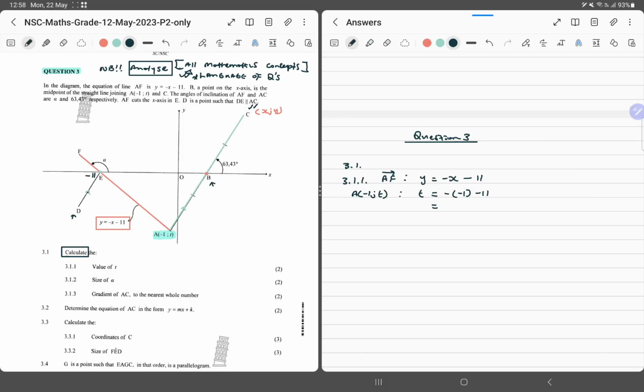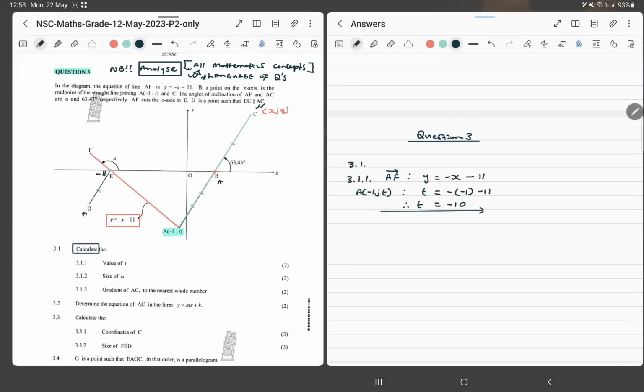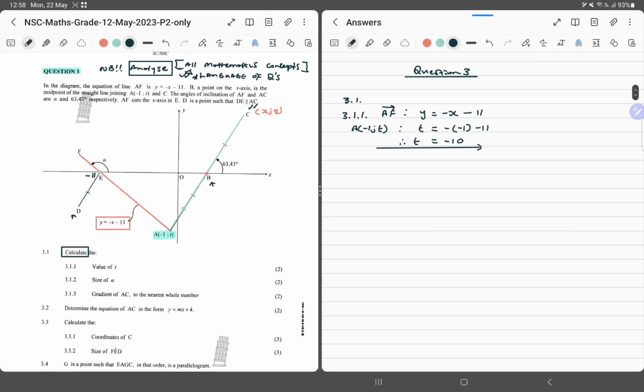So that becomes 1 minus 11, which is minus 10. Easy stuff. So that is it, guys. Easy substitution. Answer is how you score the marks.